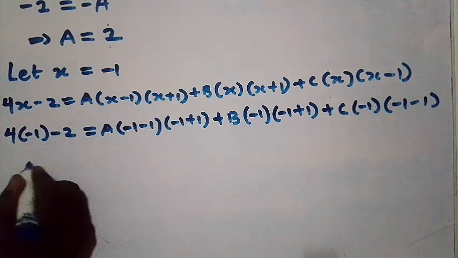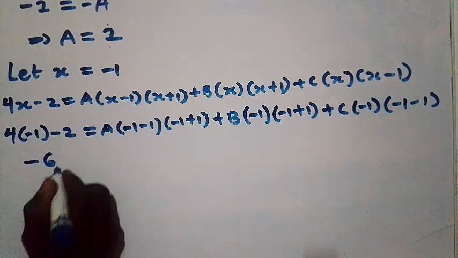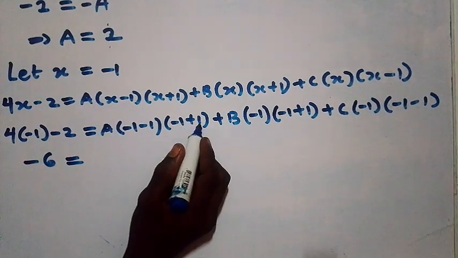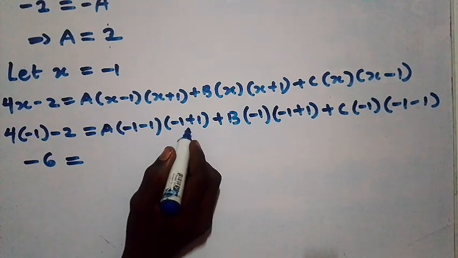Minus 4 minus 2 will give minus 6. This will be equal to minus 1 plus 1, that is 0.